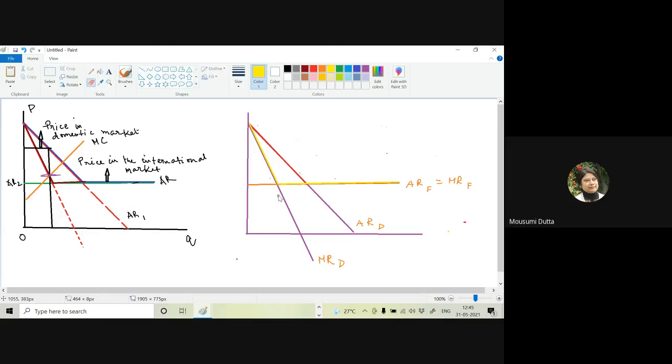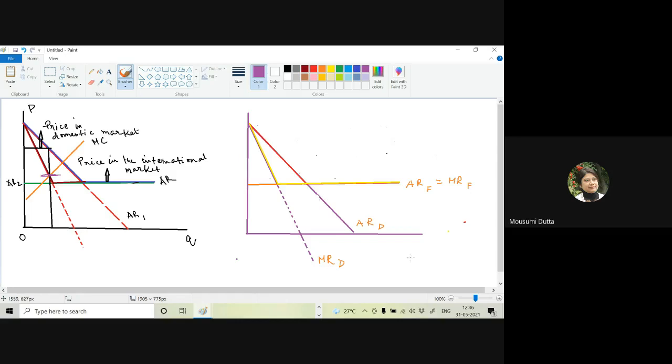The rest of the marginal revenue line will be redundant, as when the price falls to the competitive level, the firm will follow this average revenue line, and for this average revenue line, MR is equal to AR. So the yellow line will give us the marginal revenue line.